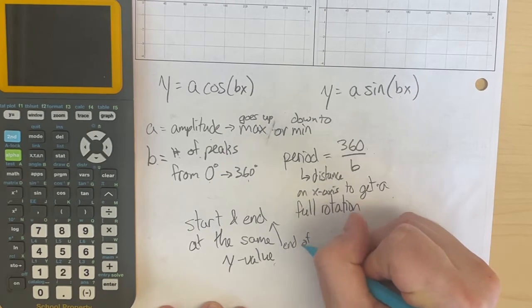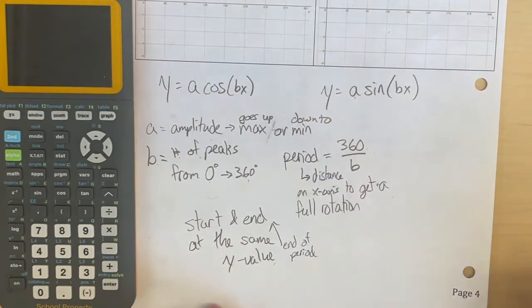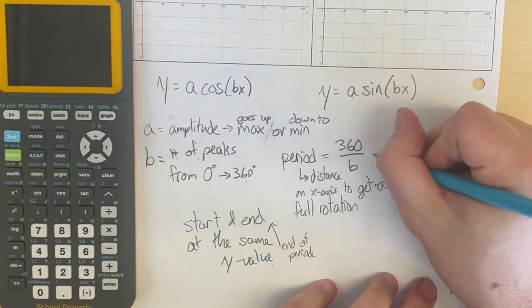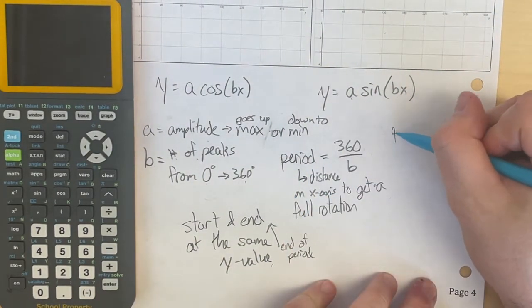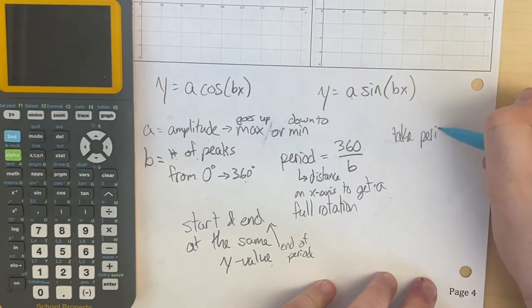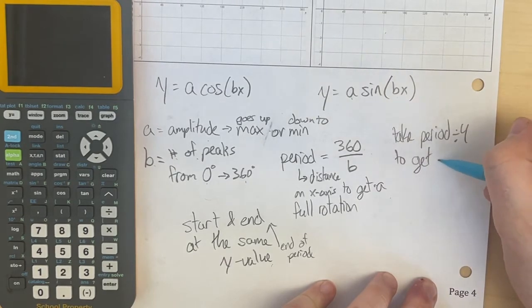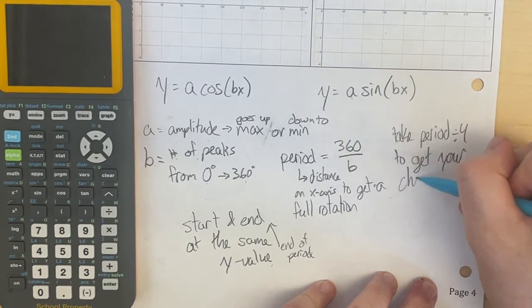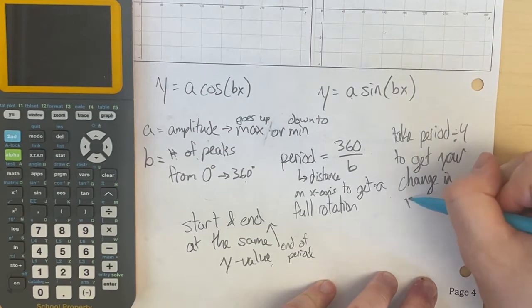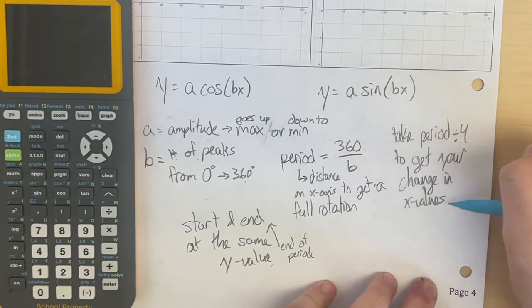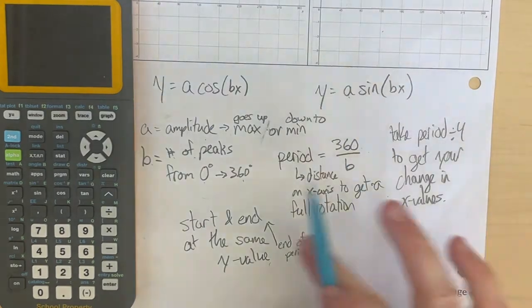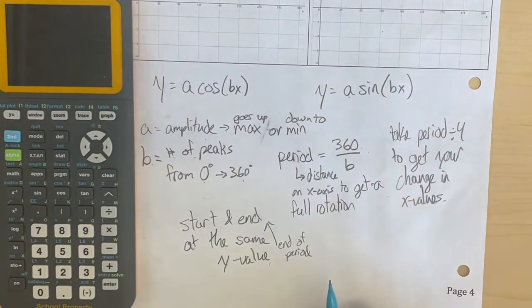If you're looking for those 5 values, I know that the start and end places are going to be the same. When you have your period, take your period divided by 4 to get your change in x values. I left a bunch of space so you could write this. These are some nice reminders to have for yourself.